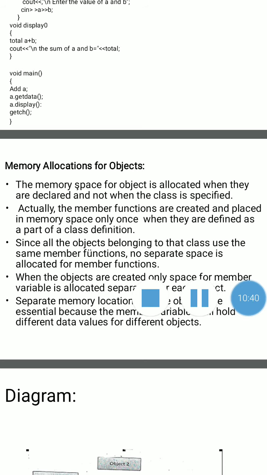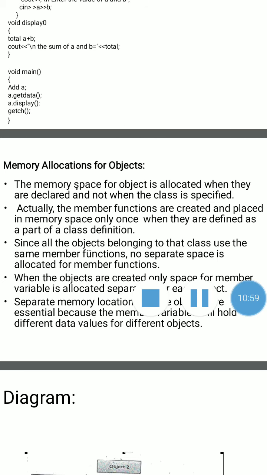But in C++, memory is not created for the variable. Memory is always created for the object, which means the memory space for the object is allocated when we create an object of the class.